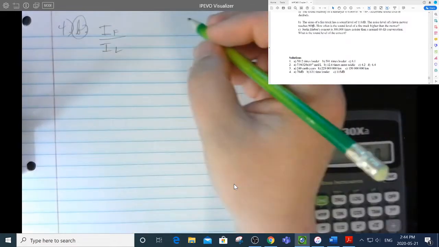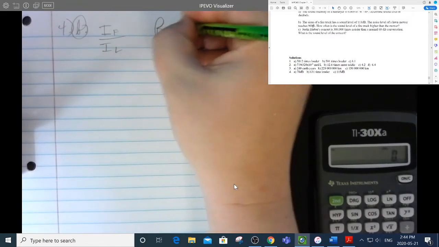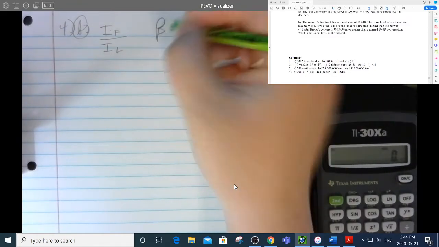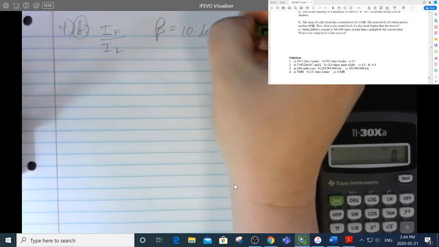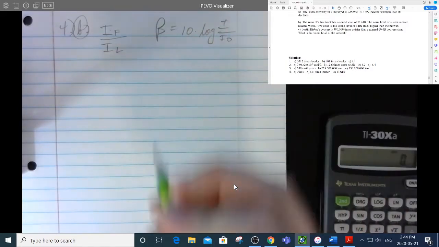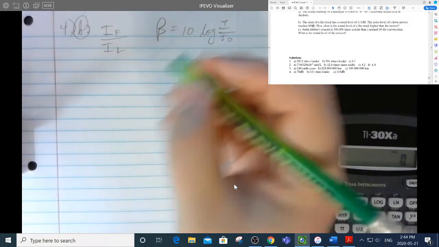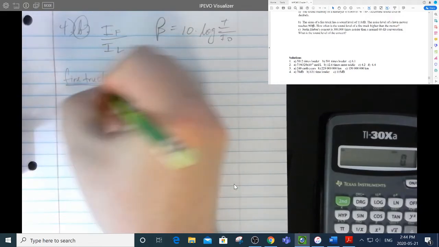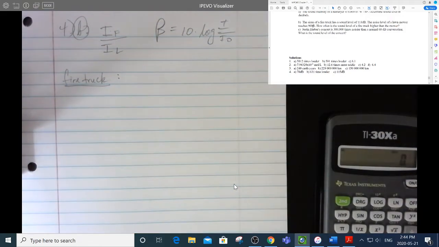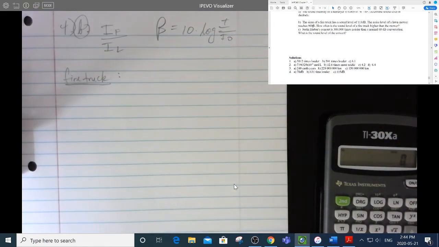The formula, again, is beta, or fancy B, beta, is equal to 10 times the log of I over I naught. Okay, so I know that the decibels for the Firetruck is 118, right?